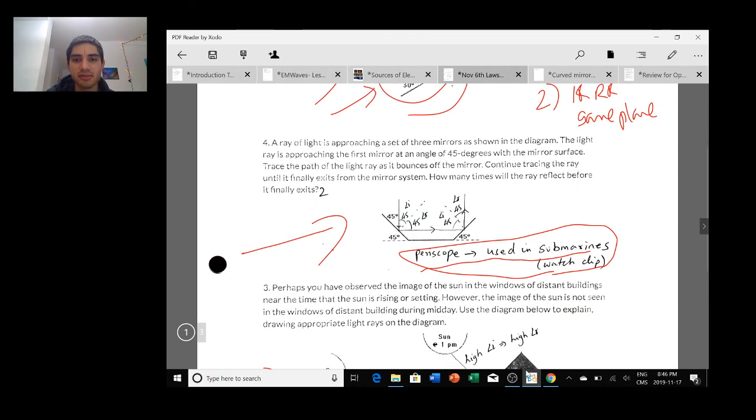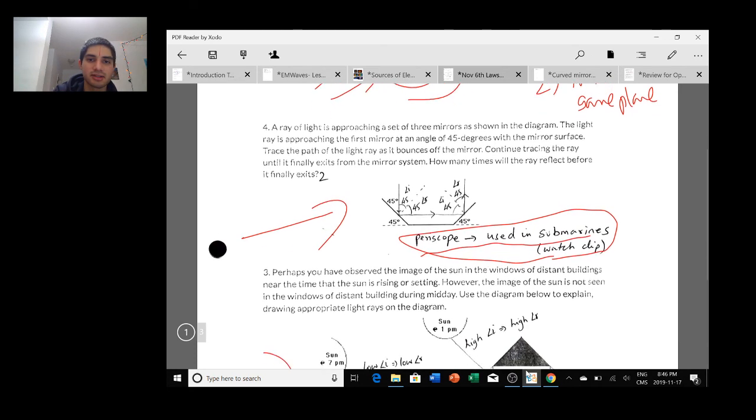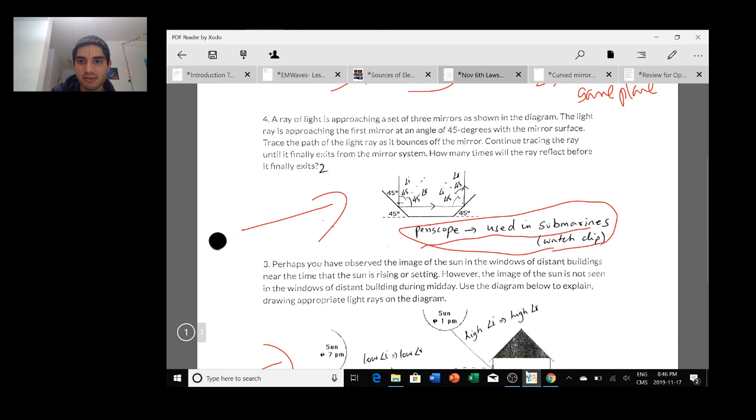This is a periscope. So light, but it's like tilted. I can't tilt this, but it's tilted this way, so the light coming in from like outside the submarine basically will bounce, and then you can see what's inside the submarine.